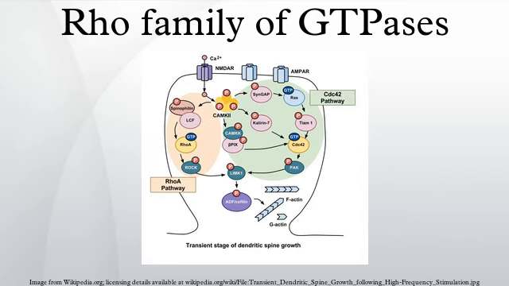Regulators: 3 general classes of regulators of Rho protein signaling have been identified: guanine nucleotide exchange factors, GTPase activating proteins and guanine nucleotide dissociation inhibitors. GEFs activate Rho proteins by catalyzing the exchange of GDP for GTP.